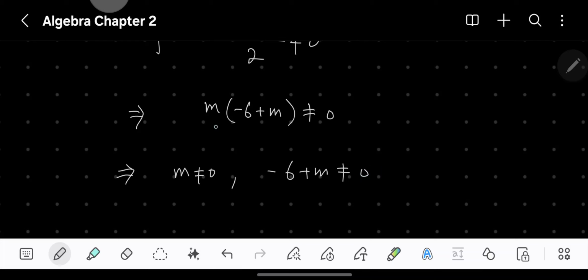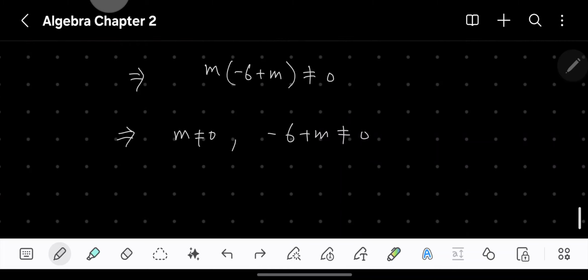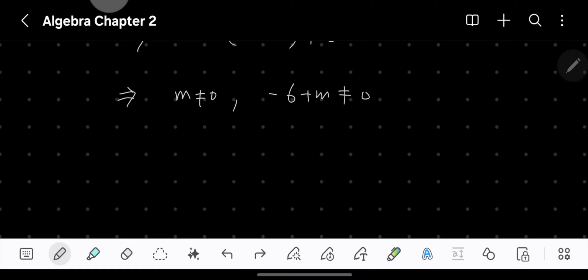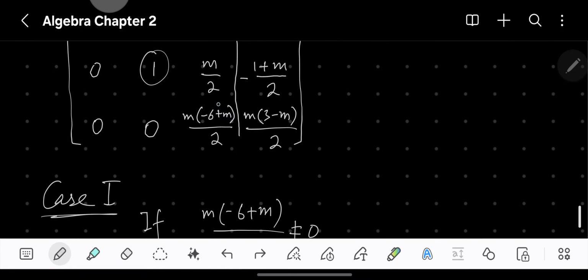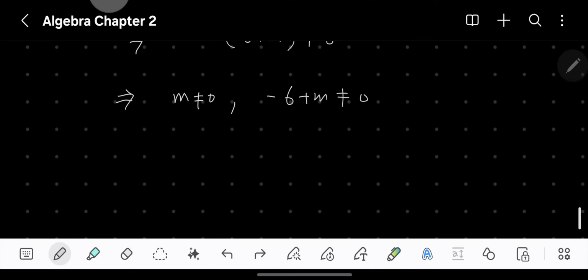Both should be non-zero, because in the first case I need 1 here, so I can only make it 1 if this thing is not 0. So this is only possible when m is not 0 and m is not equal to, if you take this 6 here, it will become plus, so m is not equal to plus 6.